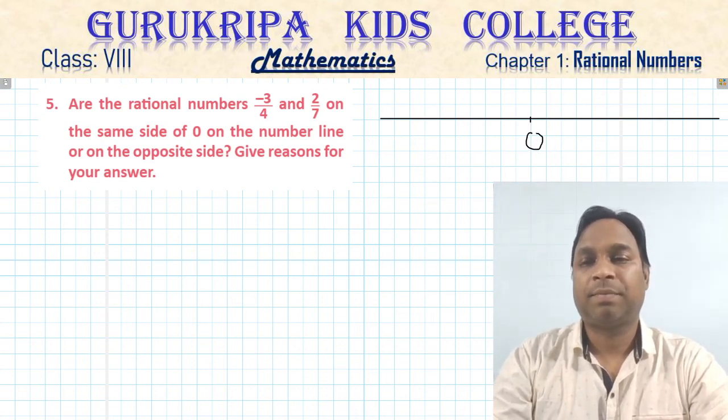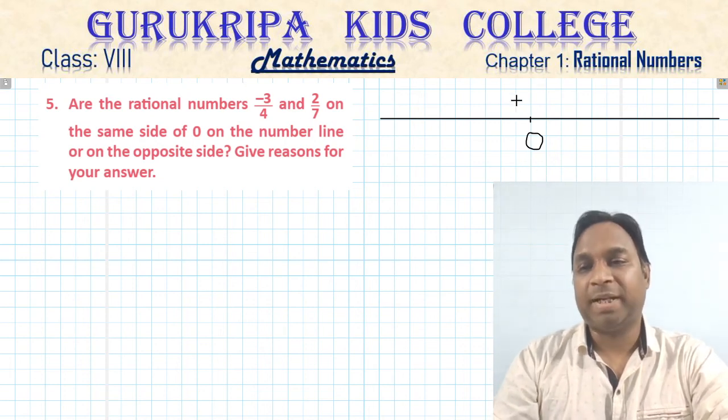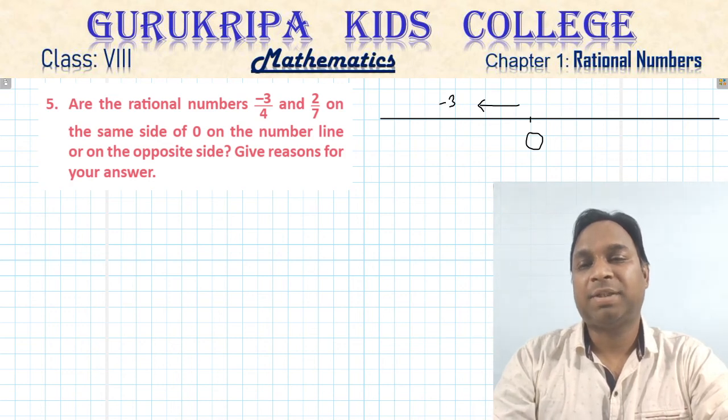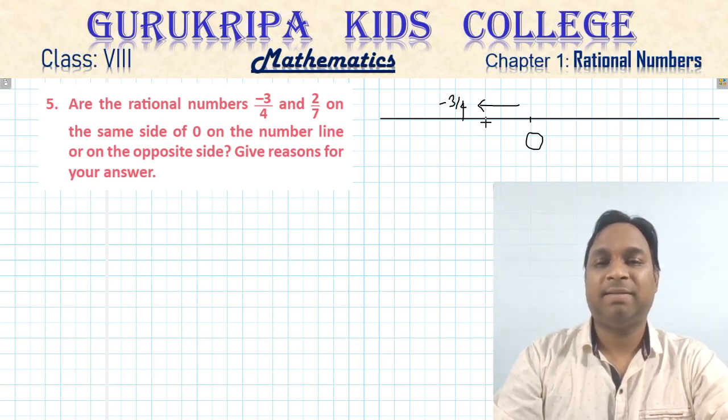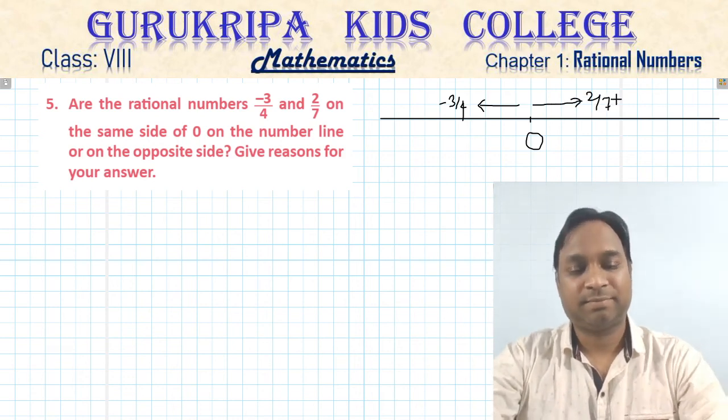Where will minus 3 by 4 be? Minus 3 by 4 will be on the left hand side, and 2 by 7 will be on the right hand side.